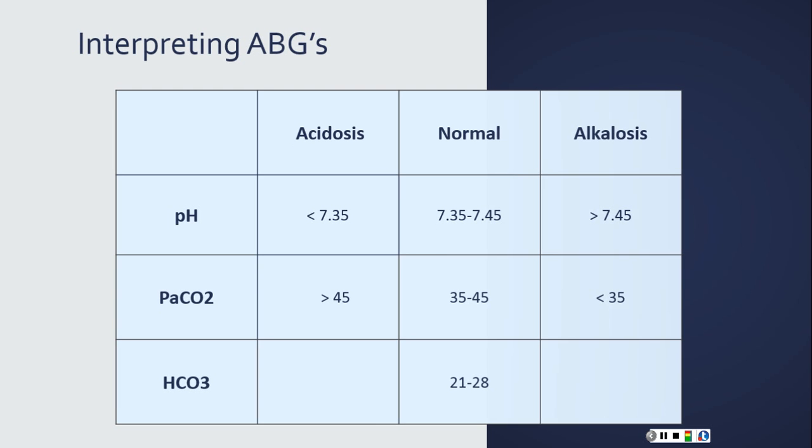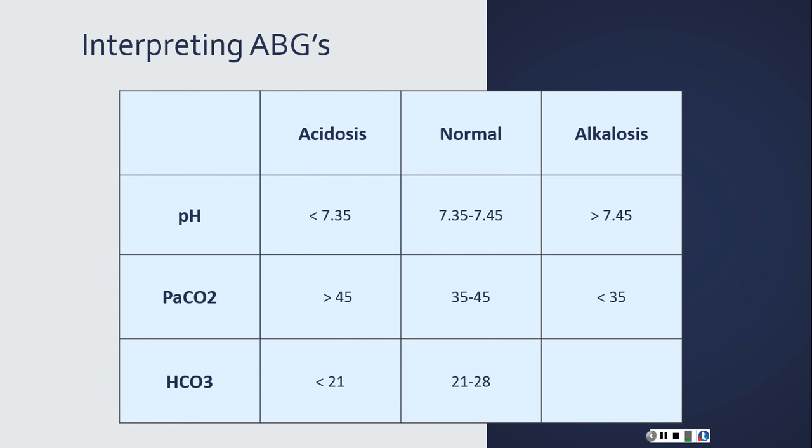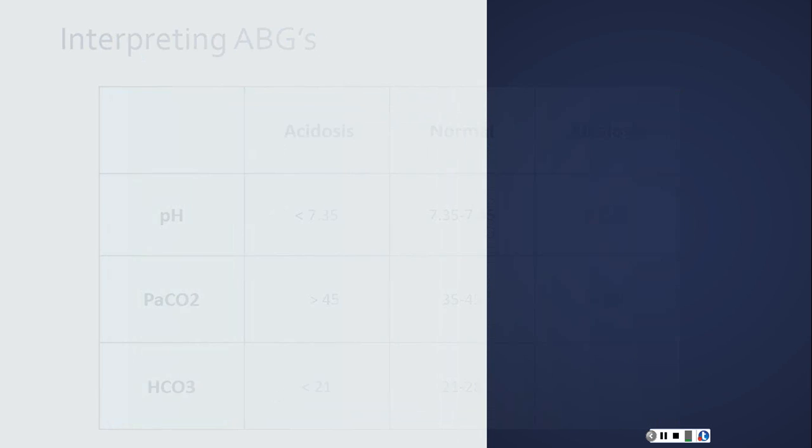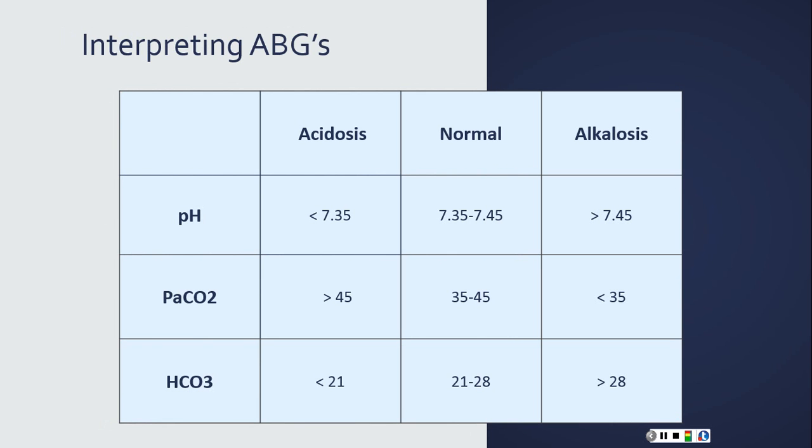Okay? So in our tic-tac-toe board here, we're going to put less than 21 as acidic, more than 28 as alkalinic. Okay? And I know you're starting to get bogged down. Just hang with me, okay? I promise.